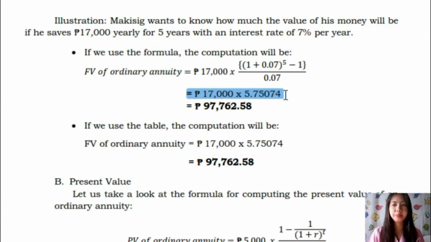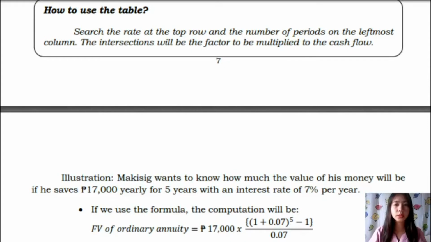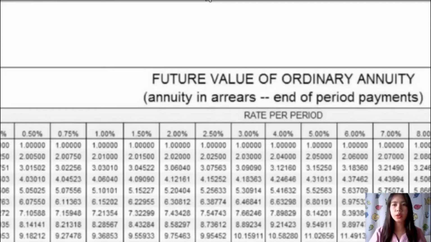So if we use the table, the computation will be from here. Okay, so let's go to the table. So how to use? Search the rate at the top row and the number of periods on the leftmost column. Let's go to the table for future value of ordinary annuity.